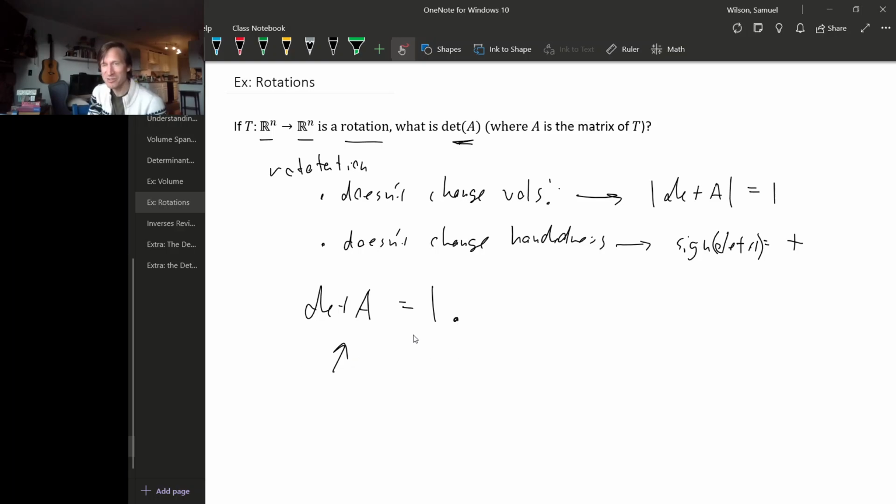And we were able to calculate that without actually calculating any determinants of rotation matrices, which is good because this is true for any rotation in Rn. This would be impossible to prove by actually calculating determinants because there would be too much work to do. But instead we get to skip all that work and just know the value of the determinant for any rotation matrix in any dimension.